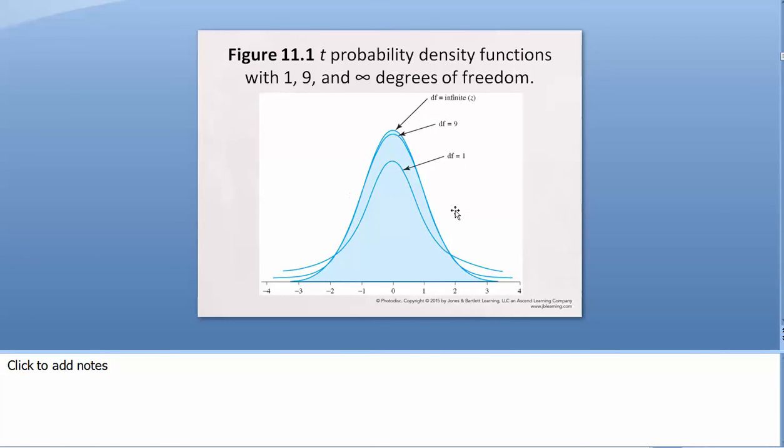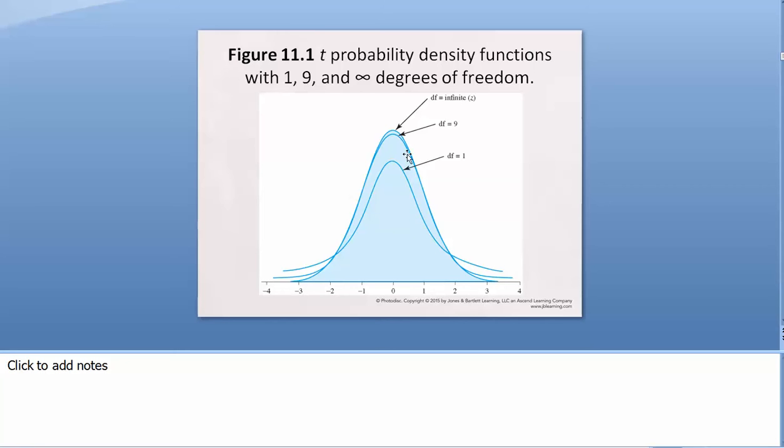Here's a picture which gives you an idea of how to compare the student t distributions with the standard normal. If you have degrees of freedom equal to 1, this is the curve, then degrees of freedom equal to 9, then degrees of freedom equal to infinity. Infinity is really large, and then it is a Z curve. See, do you see that Z?